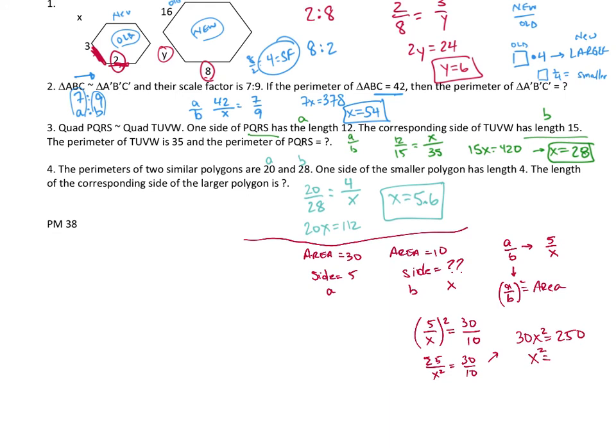So x squared would be 250 divided by 30, which would be 8.3 repeating. And then I could take the square root of that, and I would get my x, which would be 2.89, and that would be the length of the corresponding side on the second one. So that's how you do it if you have an area that you are trying to figure out.